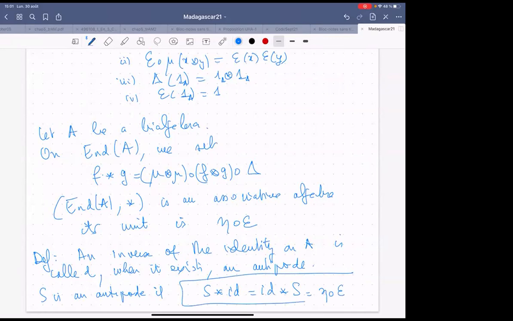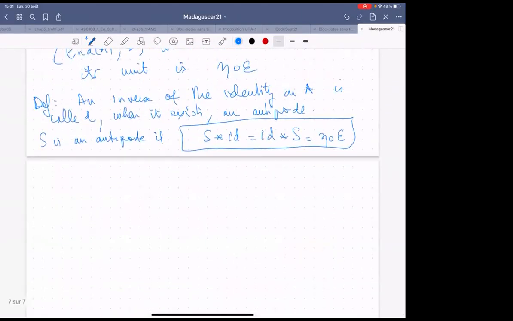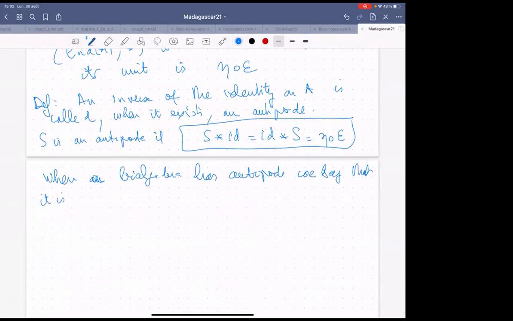This is the definition of an antipode. When a bialgebra has an antipode, we say that it is a Hopf algebra.